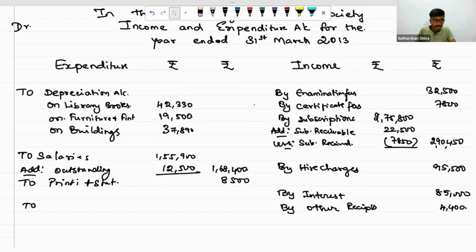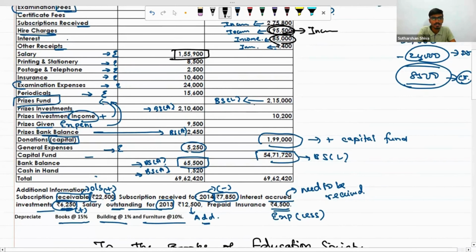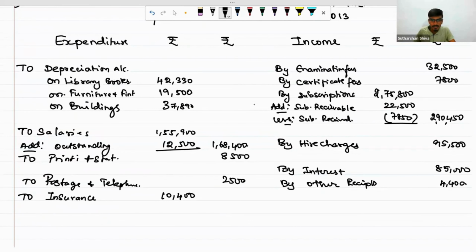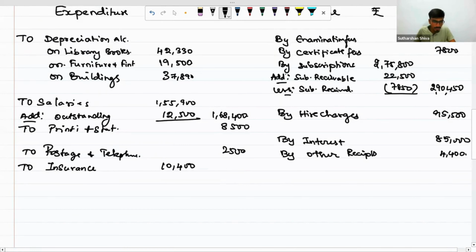Next, we have to postage and telephone 2,500. Next, we have insurance. What is the insurance value? 10,400. 10,400 less prepaid.